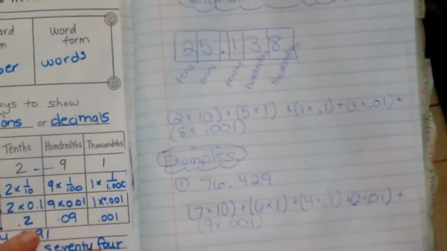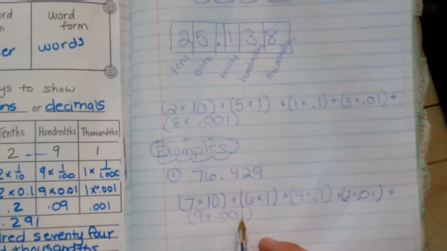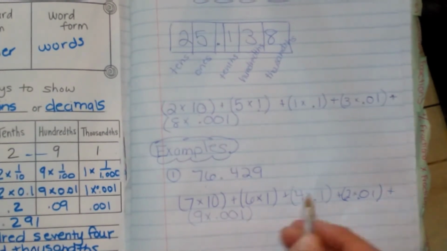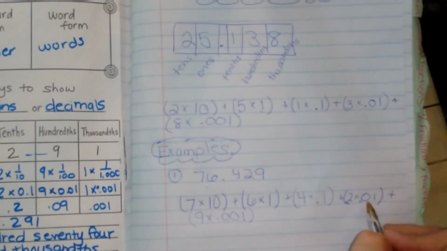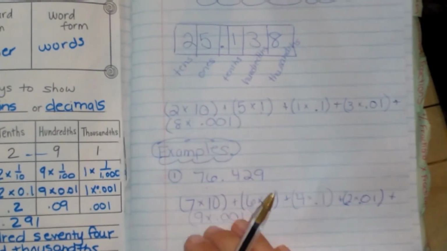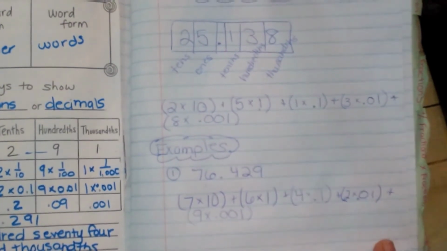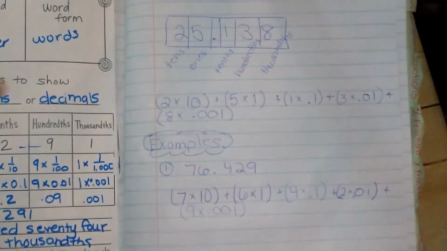We can also use fractions, but we will do that a little bit later, because this is equivalent to 1 over 1,000. This is equivalent to 1 over 100 and 1 over 10. But right now, let's just focus on knowing what expanded notation is, or expanded form, and how to write it using the decimal values.